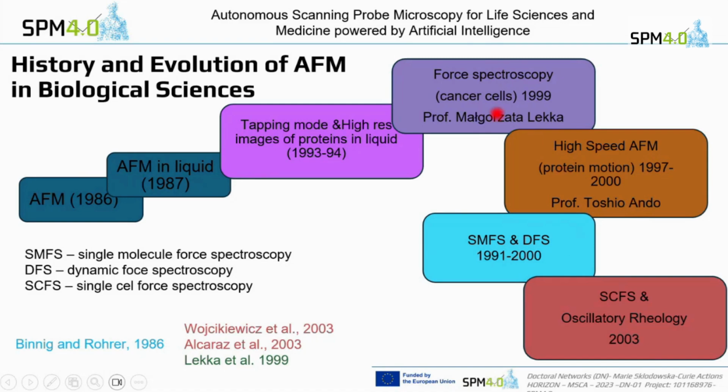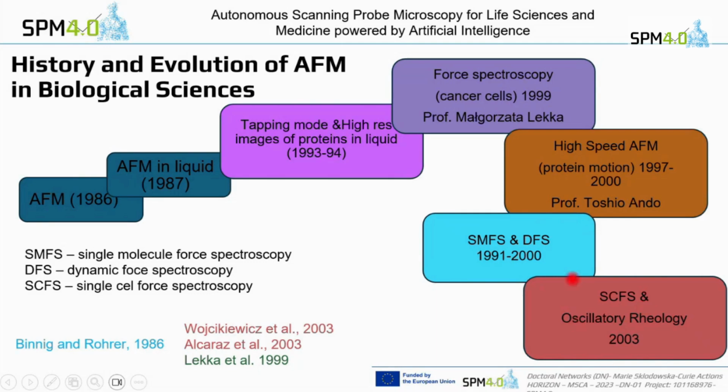Toshio Ando is an expert. He is developing high-speed AFMs for imaging proteins mainly. In the 90s, the single molecule force spectroscopy and dynamic force spectroscopy methods were implemented to study receptor-ligand interactions, to learn more about the binding and unbinding of these types of molecules.